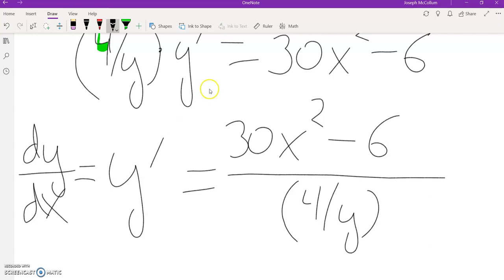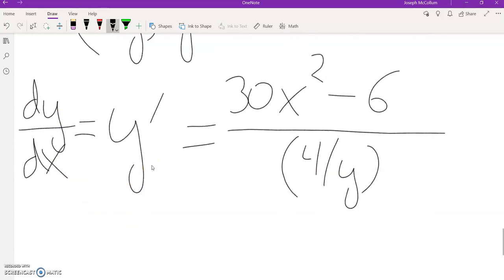So y prime stands for dy dx, the derivative of y with respect to x. And so really, if we plug in x and y, we're really looking for, as I increase x by 1 unit, what happens to the y? That's really what we're looking for. When I plug in the point, whatever the point is for x and y that I'm allowed to plug in, I'm really looking for, as x increases by 1 unit, what happens to this y? That's the typical definition of slope.